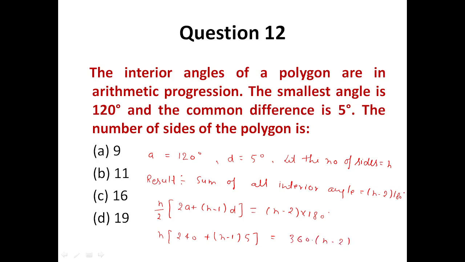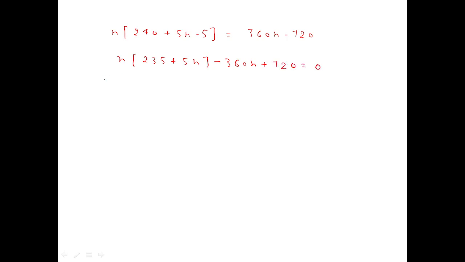Now solve it, we will get n into 240 plus 5n minus 5 is equal to 360n minus 720. Further solve it, you will get n into 235 plus 5n minus 360n plus 720 is equal to 0.